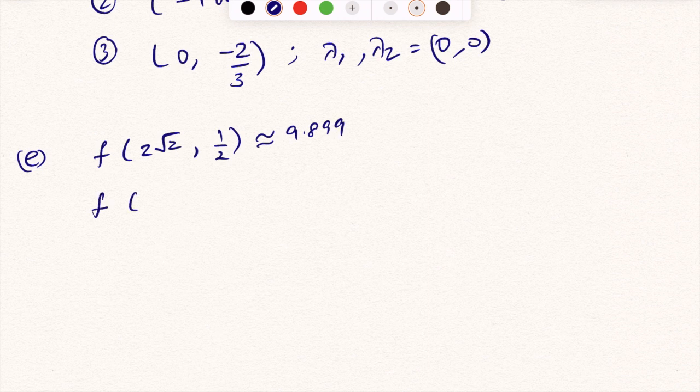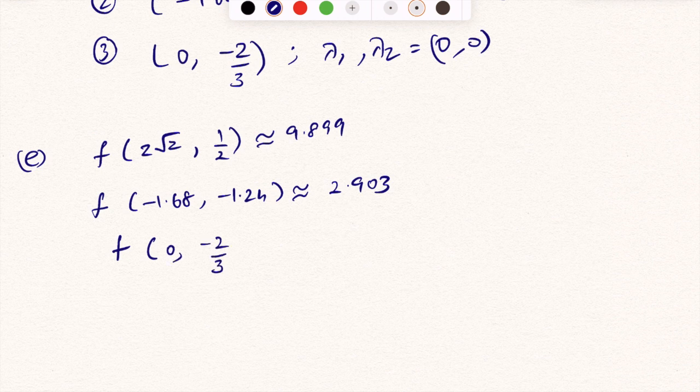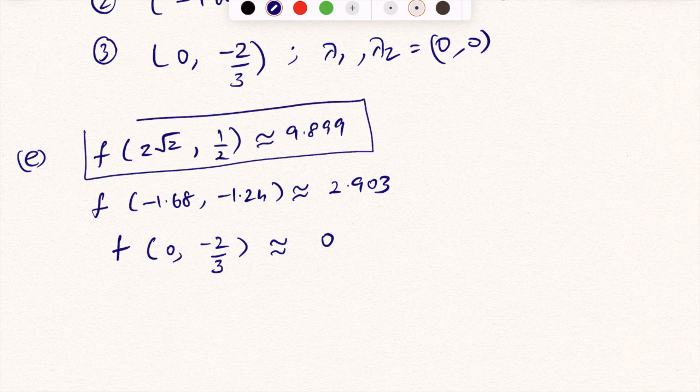Function f evaluated at (-1.68, -1.24) is roughly equivalent to 2.9, and the function f evaluated at (0, -2/3) is roughly equivalent to 0. Since the function at (2√2, 1/2) has the highest value, we want to check its concavity.